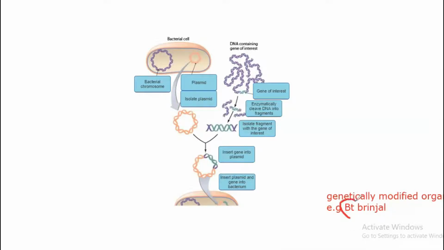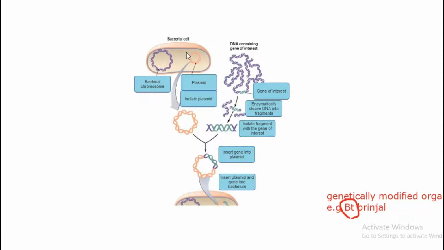All these things you will study in detail later. But this diagrammatic sketch will help you to understand how this genetically modified organism is created. It gives you an outline. The detailed study we can see later.